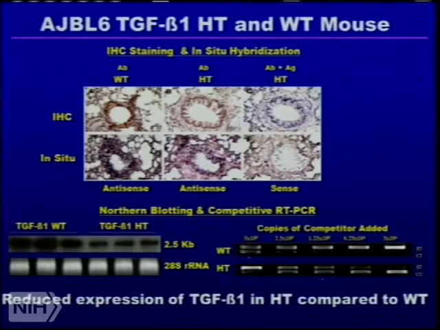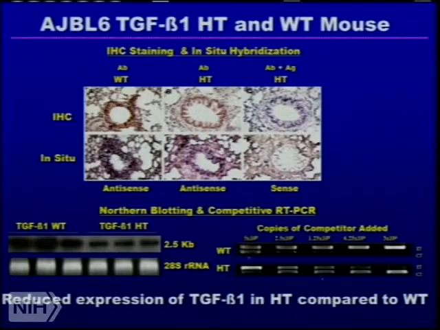And shown here is immunohistochemical and in situ hybridization for the TGF-beta1 protein. We wanted to be sure that our system was working, so the heterozygous shows decreased staining for the TGF-beta1 protein compared to the wild type, and decreased expression of the TGF-beta1 message in the heterozygous mouse compared to the wild type mouse.